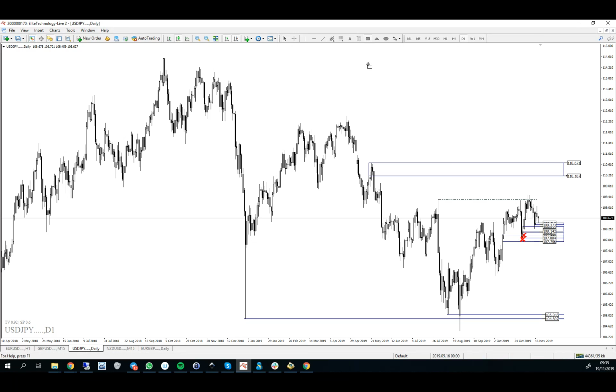Some barriers to keep in mind while we're going upwards: this flag, which is drop base drop, was already penetrated, so we expect price to go upward.